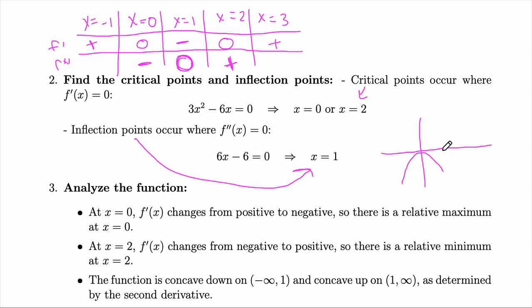And then I know at 1, so let's call this 1, I have an inflection point, so then I'm going to concave up. So let's just say my graph looks something like this.